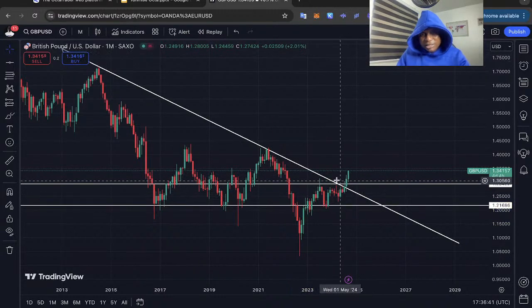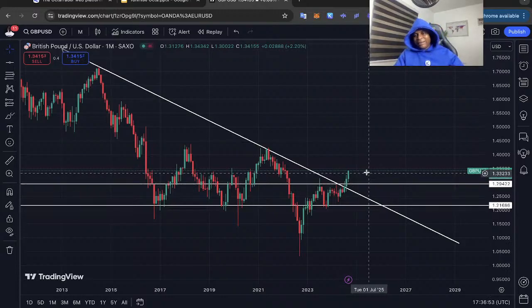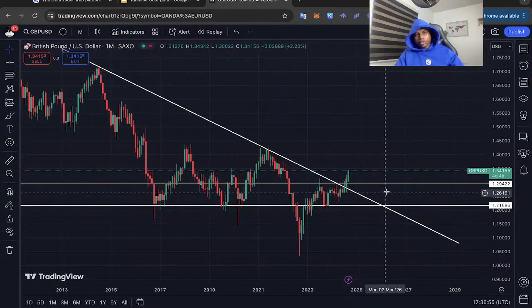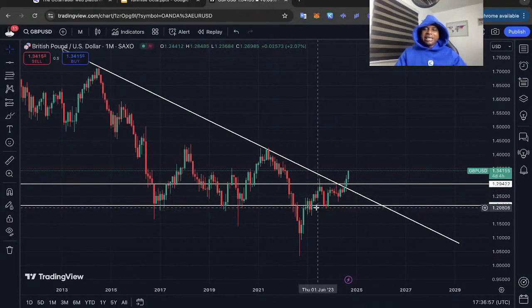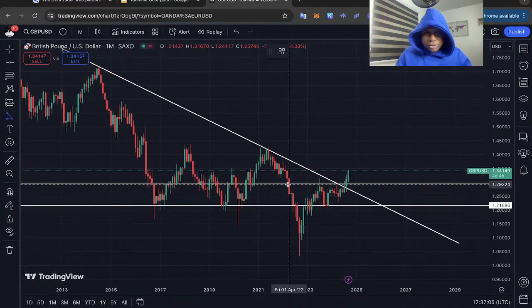And after the breakout of this trend line, price has been moving at a very fast pace in the upward direction. So now we can see that there was a breakout from that level. All right, good.